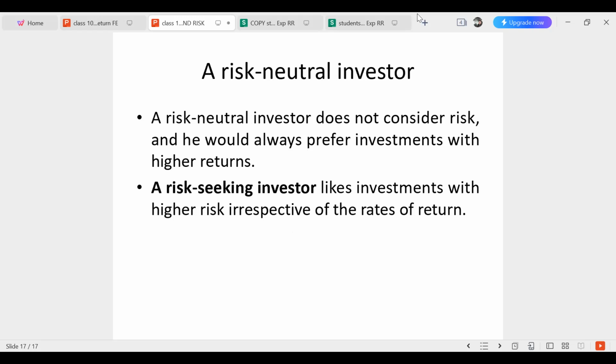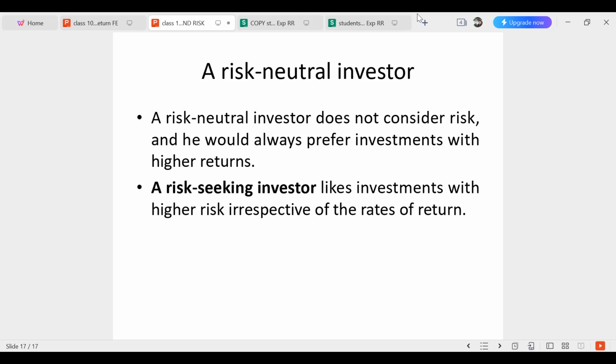Then risk neutral means whatever the risk, he is not concerned, he only prefers the investment returns. Higher returns, whatever the risk, he is ready to dive in. Okay, and a risk seeking investor means they want to take more risks so that the return will be high. If you are investing in the stock market, HUL, I showed you huge variability in return, but you can see the return is also highest there.